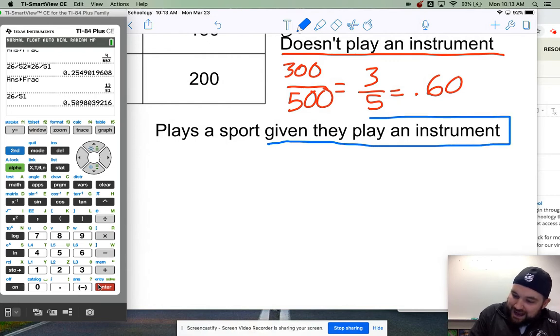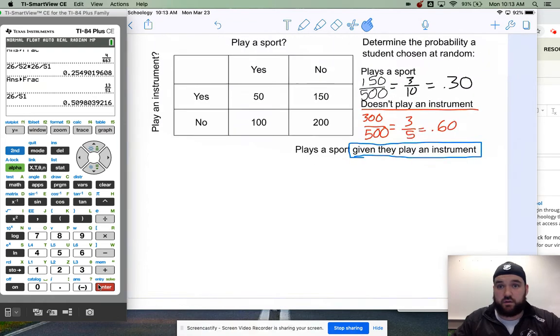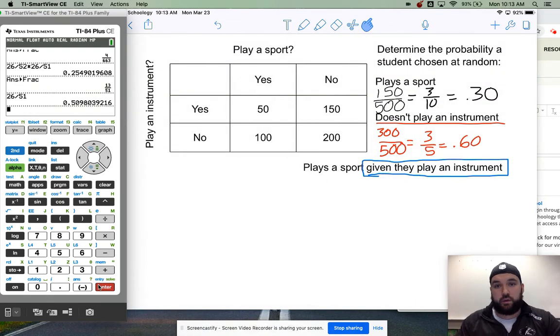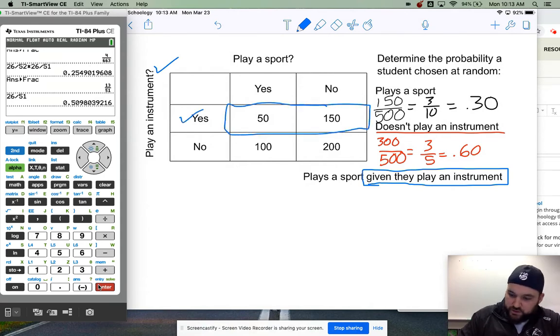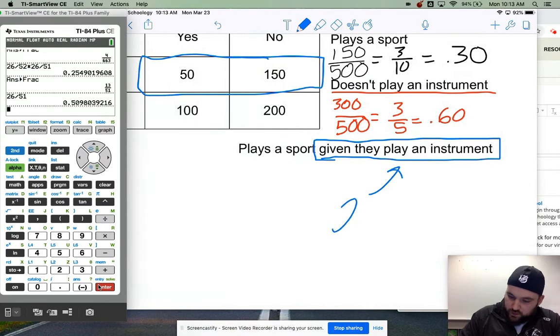What I know about this person is that I'm not picking from all 500 people. I know they play an instrument. And the question is, if you know the person you're picking plays an instrument, what's the probability they play a sport? If I look at plays an instrument and the people who answered yes to that, there's a total of 200 people who play an instrument.